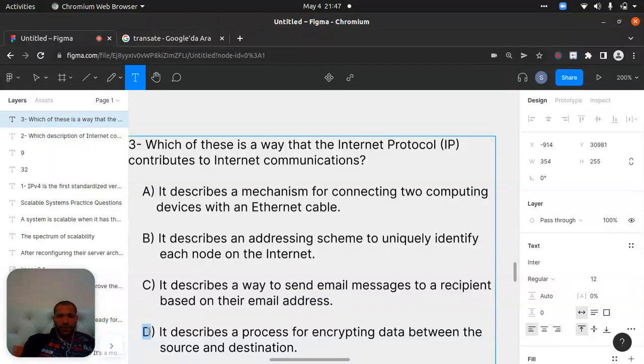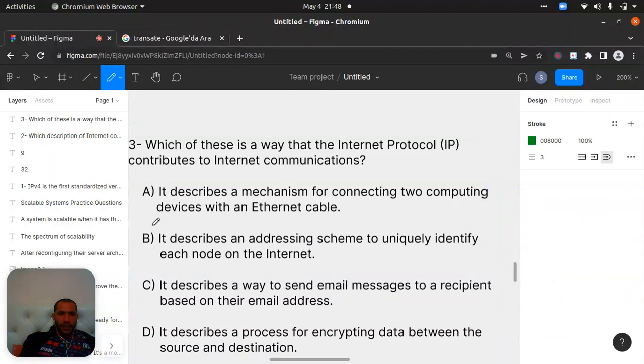Is that true? I think it's not. But the answer will be here: B. Okay, this will be our answer. It describes an addressing scheme to uniquely identify each node on the internet.